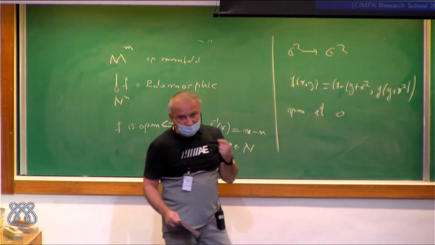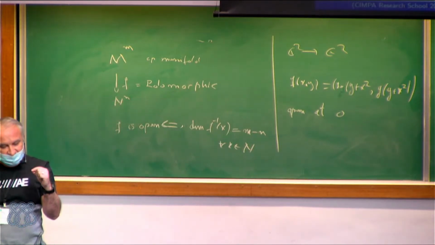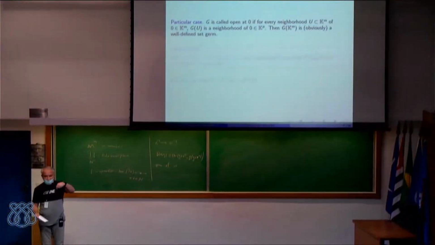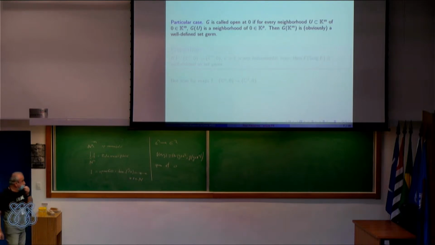This condition, open at the origin, is not an open condition, in the sense that you can find points nearby 0 where the function is not open. Good. This is one remark.